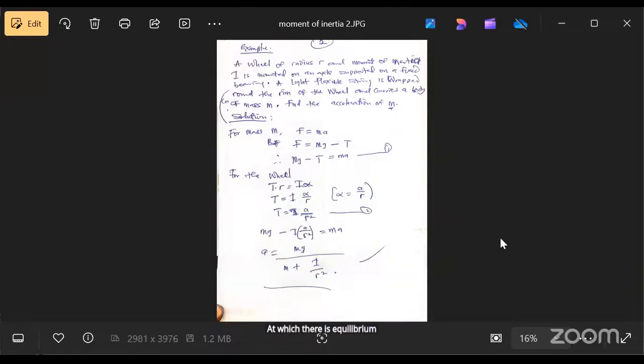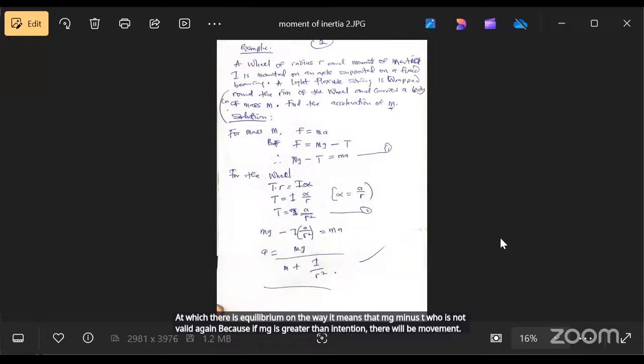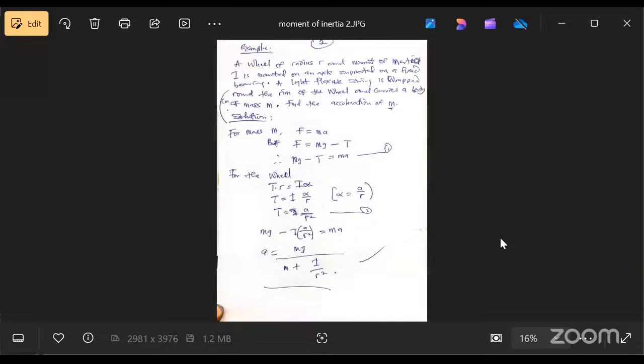It means that mg minus T is not valid again, because if mg is greater than tension, there will be movement. Is that okay? Yes. Thank you very much, sir.